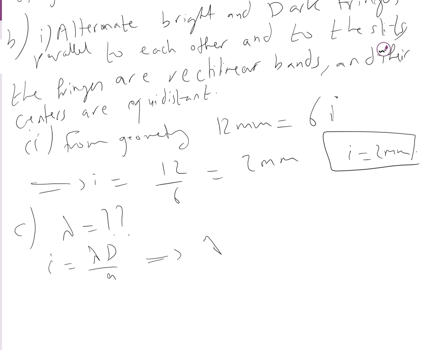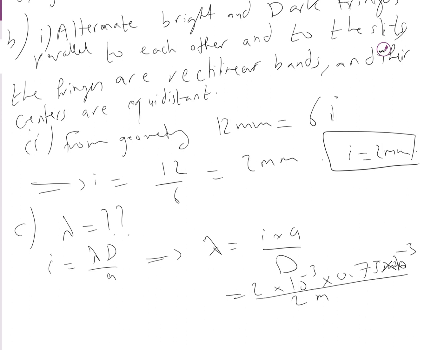I was 2 millimeters, therefore lambda equals I times A divided by D. So 2 times 10 to the minus 3 meters, times A, which is 0.75 millimeters, I have to convert it into meters, so sorry, divided by 2 meters, and I get my answer as 750 times 10 to the minus 9 meters, or lambda equals 750 nanometers.